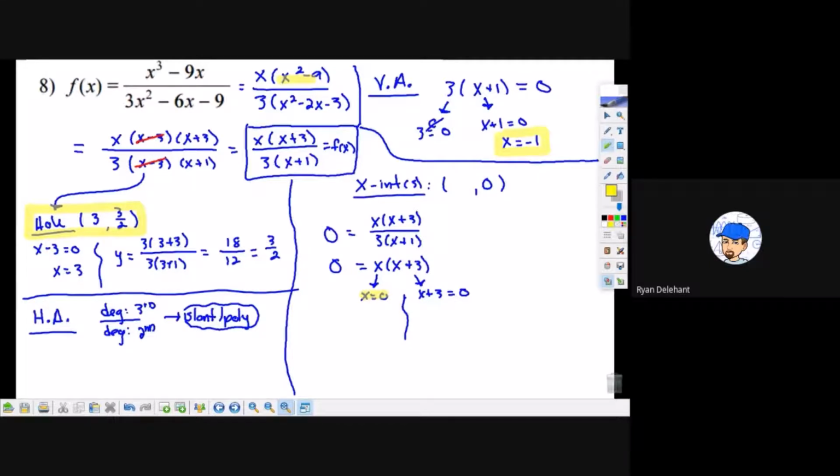But sometimes you have to say that one out loud, or at least in your head to yourself, because you'll look at it and you go, wait a minute, is that really an answer? That one is an answer. To make that front part 0, you make x actually 0. That is one of our x-intercepts. Then we're going to find the other one over here. It'll tell me the x value. That's the -3. So this one had 2.